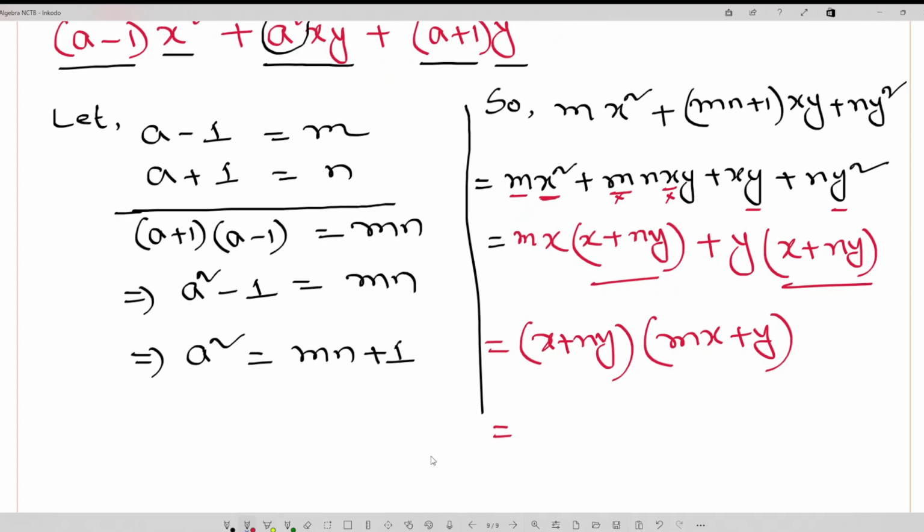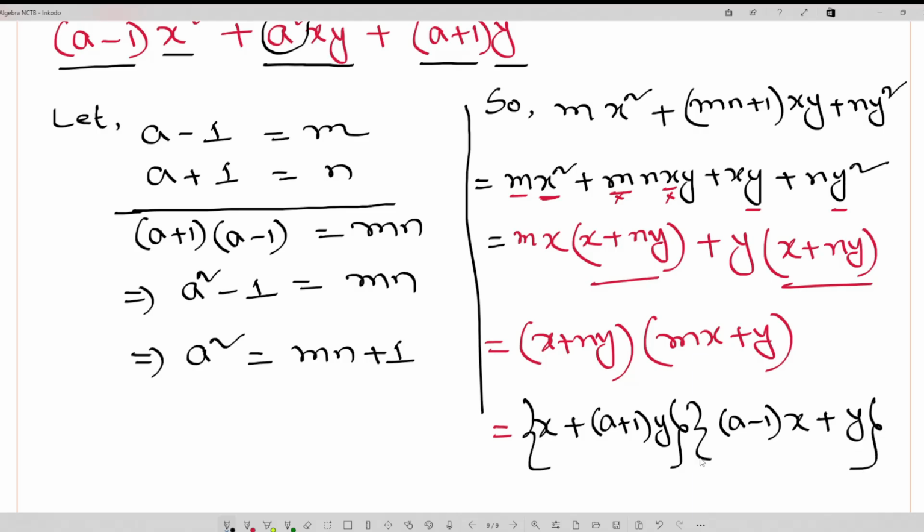Now we can put the value of this. x is x, n means a + 1, so a + 1, and here is y. Again m means a − 1, and here is x + y.